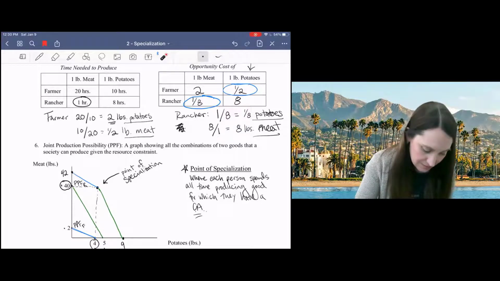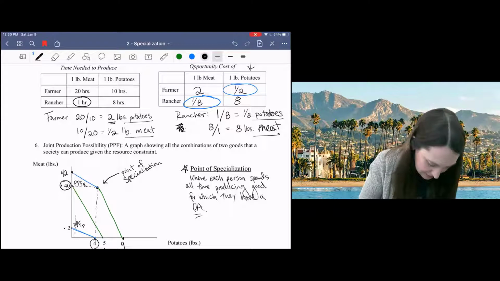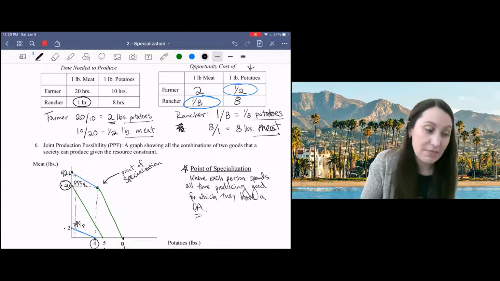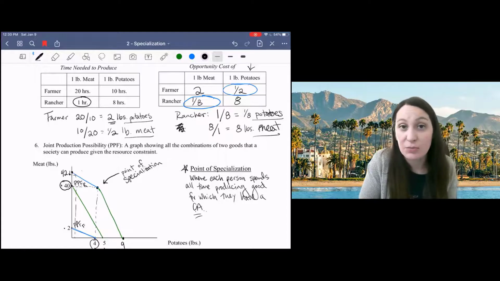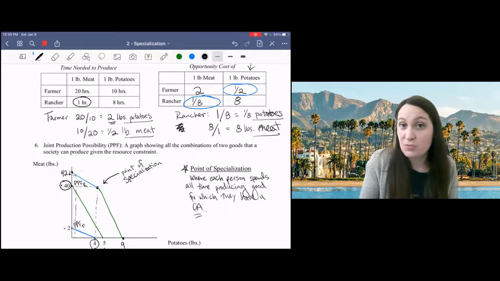And what does that mean? It means that in order to get the first pound of potatoes, we give up less meat than if the rancher produced that pound of potatoes. So the basic idea here is that if we want to produce potatoes as a society, we do so by producing at the lowest cost, regardless of who will end up consuming the potatoes, right?